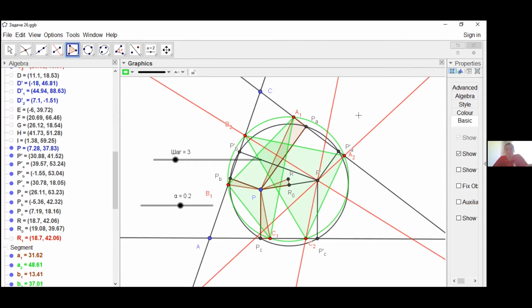And we could call this circle a generalized pedal circle of the two points P and P prime. And we can call this family of green circles generalized pedal circles generated by the pair of isogonally conjugate points P and P prime.